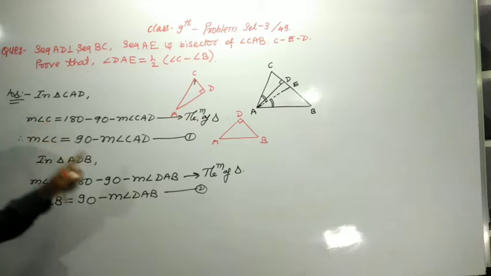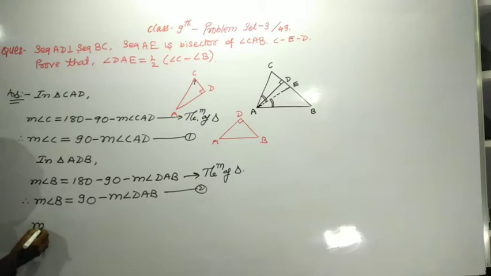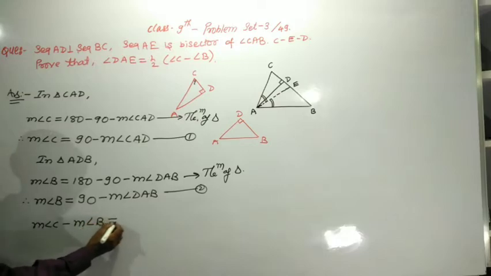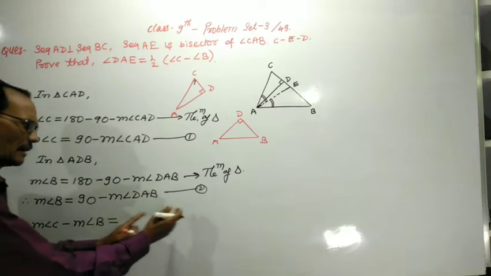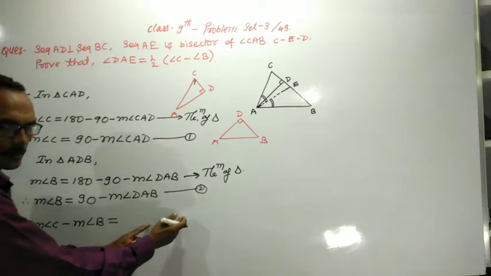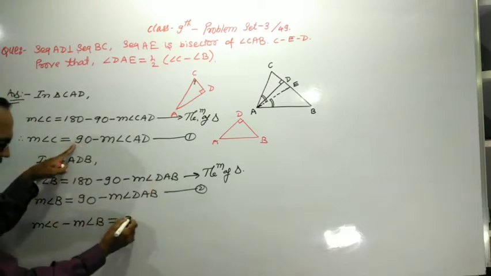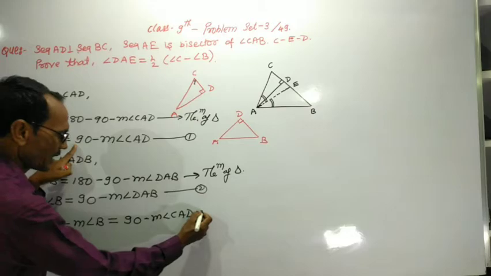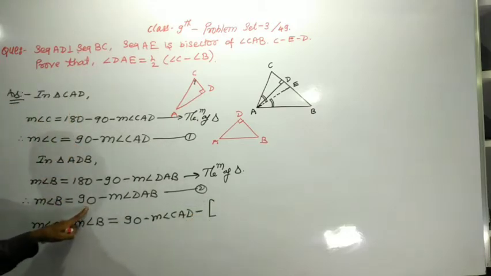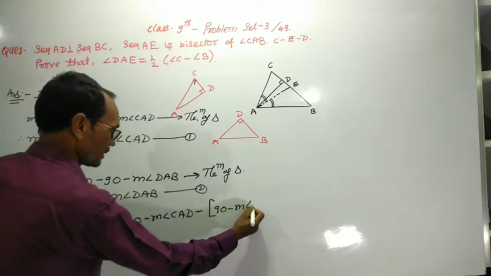Now, by subtracting second from 1, I can write measure of angle C minus measure of angle B equal to the subtraction between LHS, so in the same order we take subtraction between RHS. That is, put the value of C: 90 minus measure of angle CAD, minus, in bracket, the value of B: 90 minus measure of angle DAB.